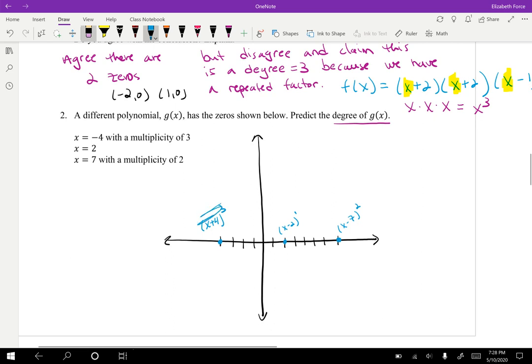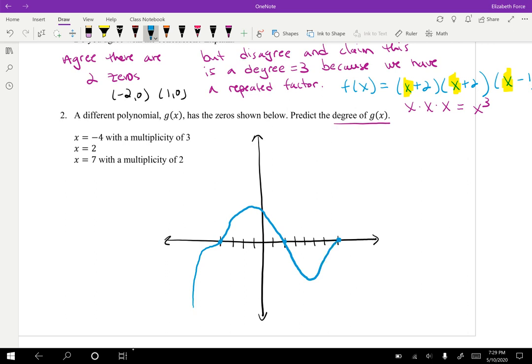So let's try and sketch it. I'm going to act like a cubic first. So I'm going to come up, start to curve through it, cross it, curve again. I'm going to come back down. I'm going to cross through this one because it's a multiplicity of 1. I'm going to turn.